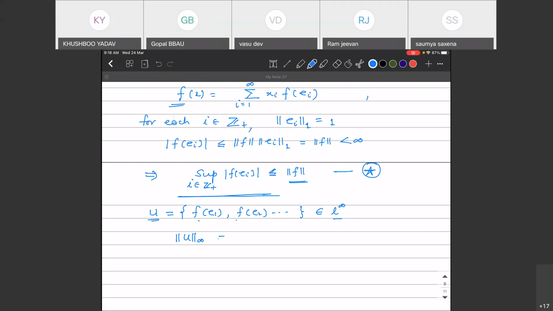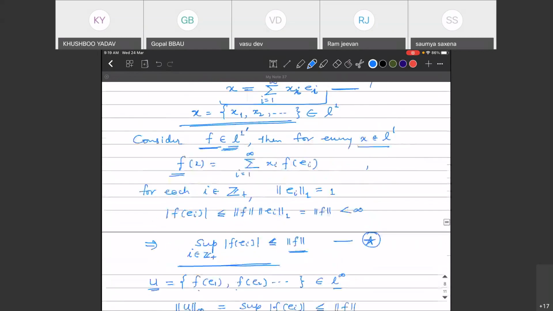This is nothing but the sup norm, the supremum of mod f of e_i. This is the sup norm, correct? And from star, this is less than or equal to norm f. Okay?